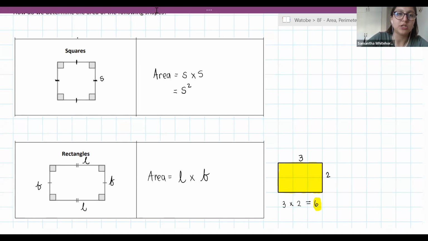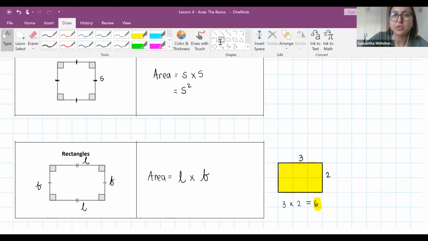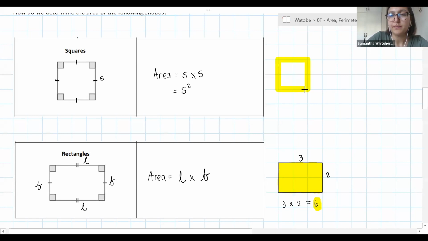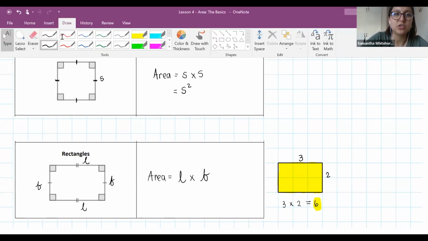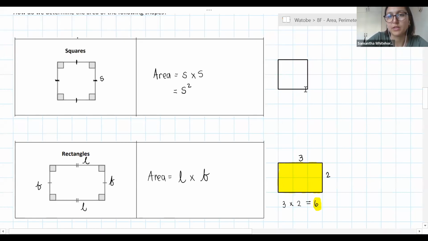And guys, the same logic would apply for the square. So if we look at our square, that makes sense. If I draw a square that's 2 by 2, it really doesn't matter what size the square is, but I'm just going to draw 2 by 2 so that it fits. We can then see obviously the sides are the same length. If I now work out the area and say 2 times 2, or we can say 2 squared, doesn't matter, we get an answer of 4.